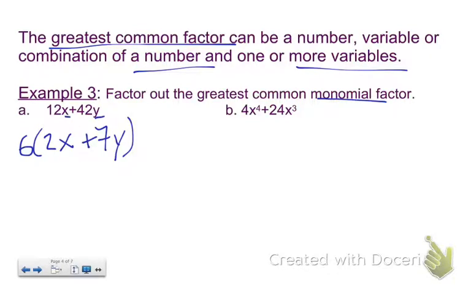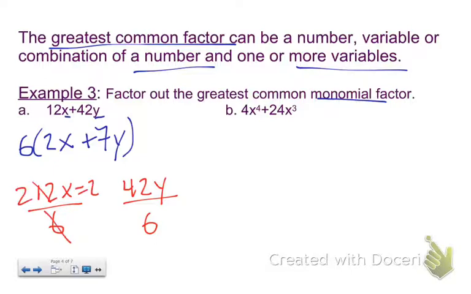Now, if you're wondering how I knew that's what I was left with, what I was doing was taking each term in the polynomial and dividing by 6. Well, 12x divided by 6 is just 2x, and 42y divided by 6 is just 7y.